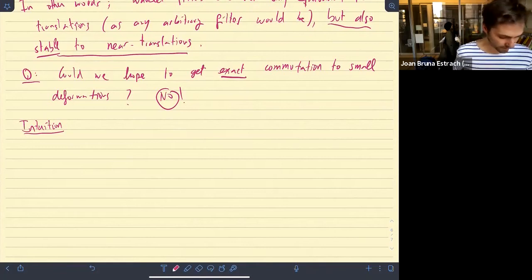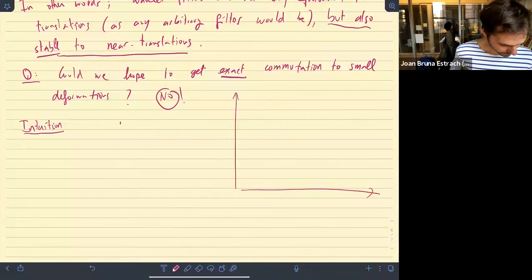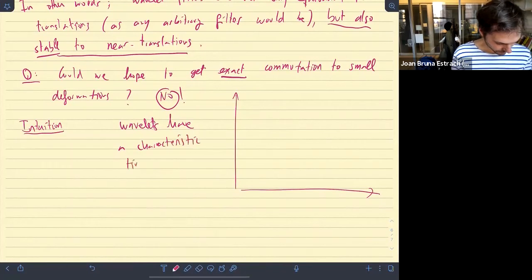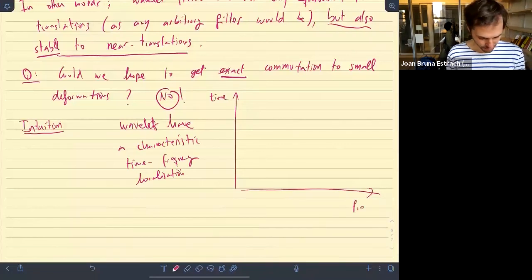So now remember, wavelets have a characteristic time-frequency localization. Let's say this axis is time or space, if you want, and this is frequency.